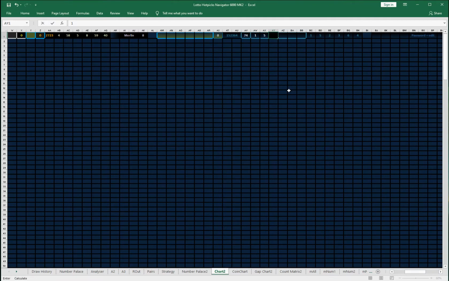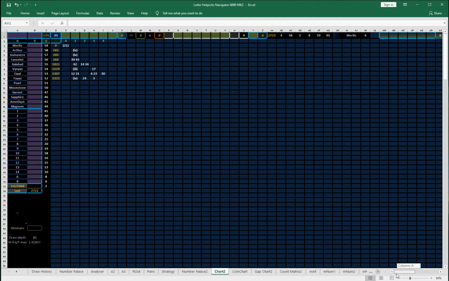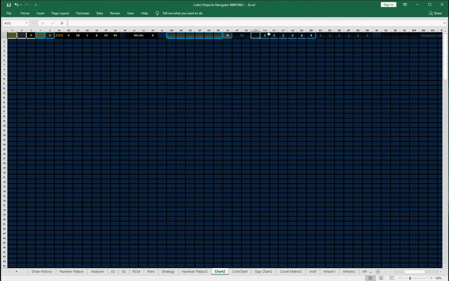And what that means is, instead of narrowing it down to just one specific order code and then filtering the draw history to only include the draws where the numbers came out in the order specified, we can look at draws where just parts of the order code for the numbers drawn match with the numbers that I'm specifying.